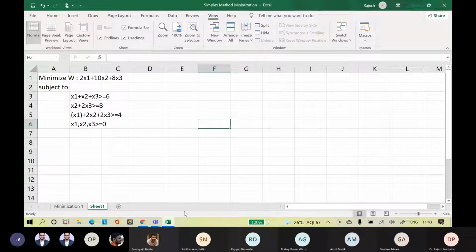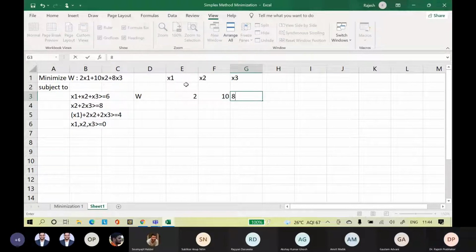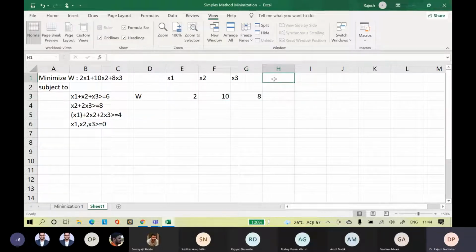So we will give x1, x2, x3, and W, with 2, 10, 8. This is minimize.